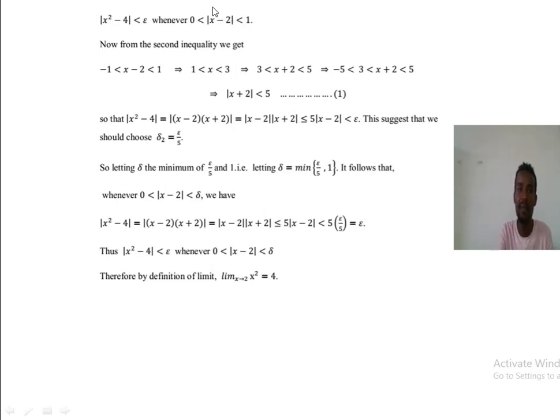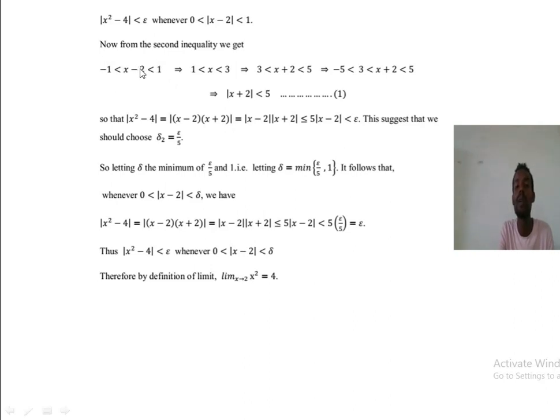Now here, by using the rule that absolute value of x is less than a if and only if minus a is less than x less than a, absolute value of x minus 2 is less than 1 if and only if minus 1 is less than x minus 2 less than 1. Again, in order to obtain the term x plus 2, we have to add 2 to both sides.